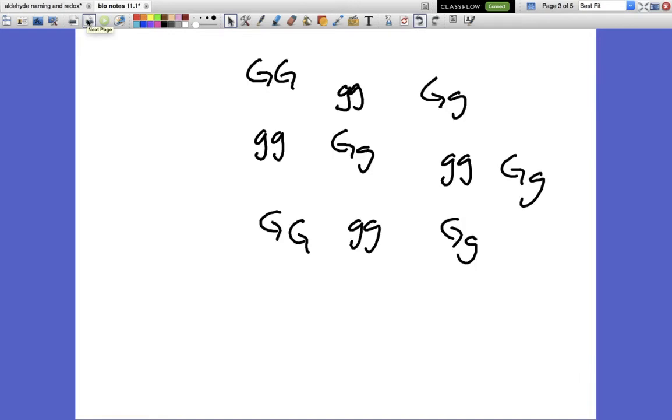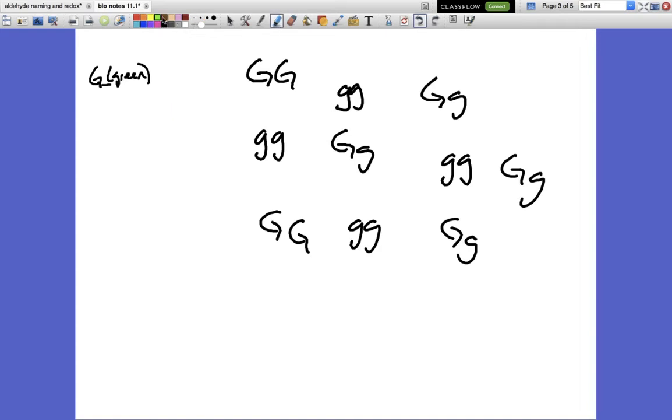So you'll need a little explanation here. We're assuming that this is a population of frogs. There's a picture in your book that looks something like this and has labels with it. But we're going to say that that big G is for green. So when I look at all of these frogs, as long as there's at least one big G, it doesn't really matter what the second one is, that frog is going to be green.